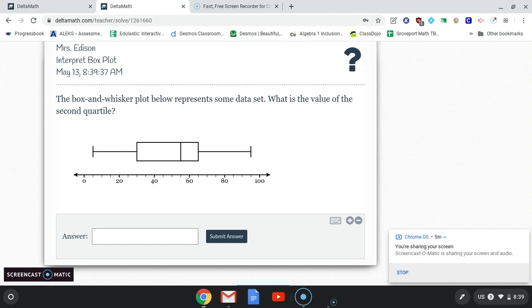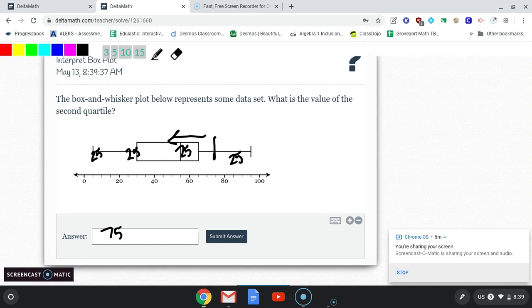So second quartile, we're looking right here. So we've got to make sure we go up by what we're looking at. And it looks like they go up by 5. So that's 25. And that's 30. So your answer would be 30, because that's where the second quartile starts.